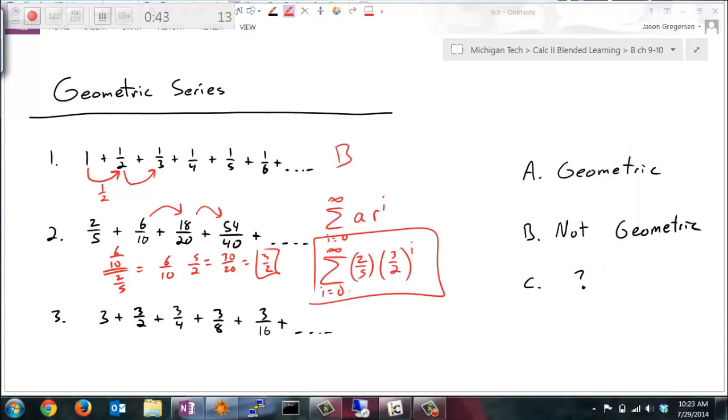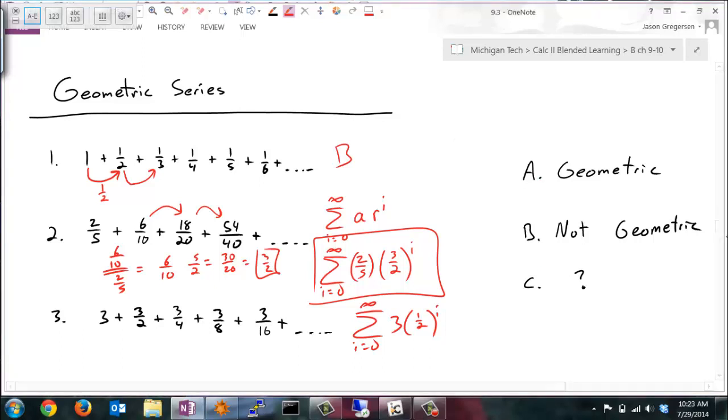All right, everybody says yes, absolutely. So writing in summation notation, I grab the first term, and my multiplier looks to be a half. So that would be that expression written in geometric terms.